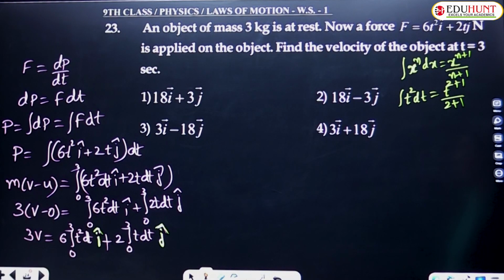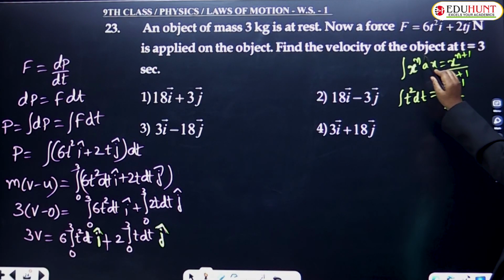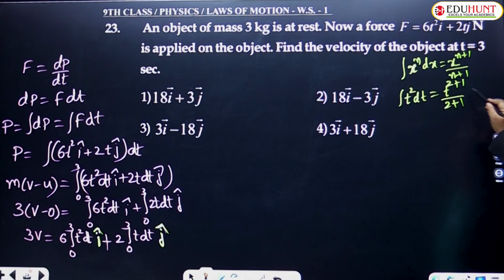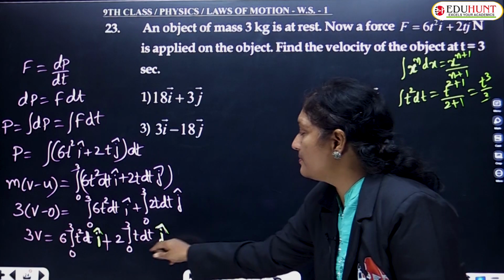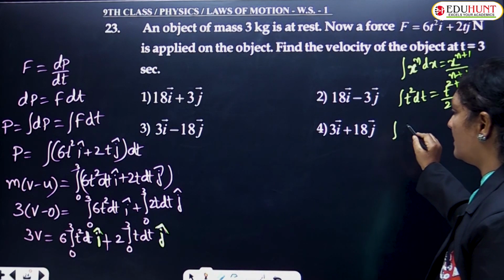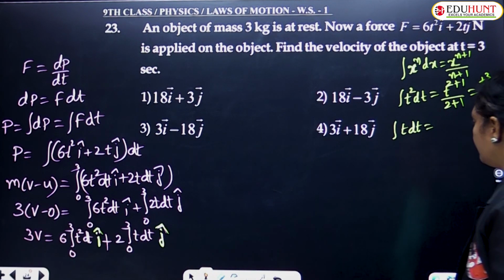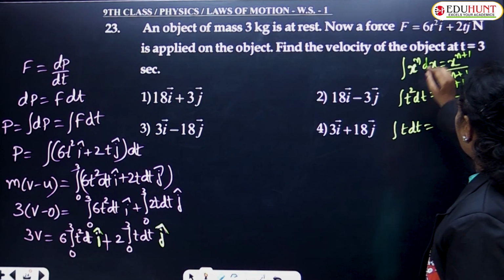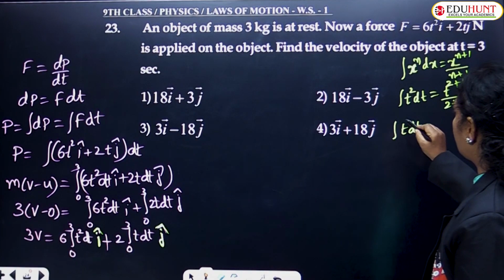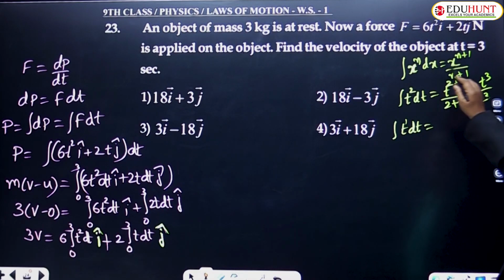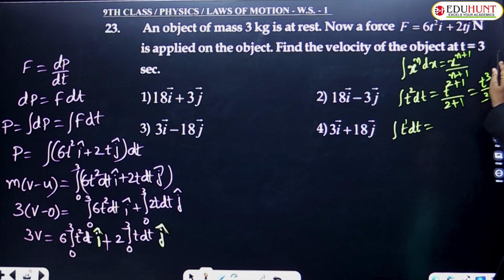So this will be t cube by 3. Here also, if you observe the same, we have integral of t dt. Integral t dt can be written with t power 1, so x power n is written as x power n plus 1 by n plus 1, which is the formula.